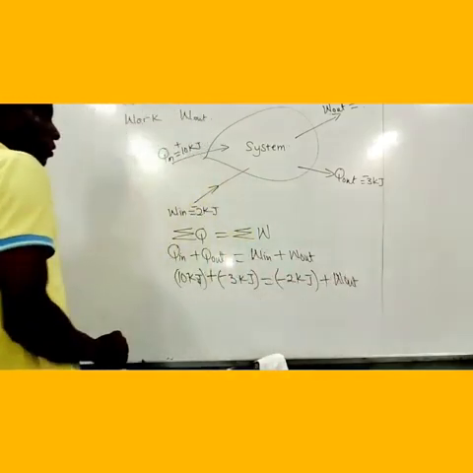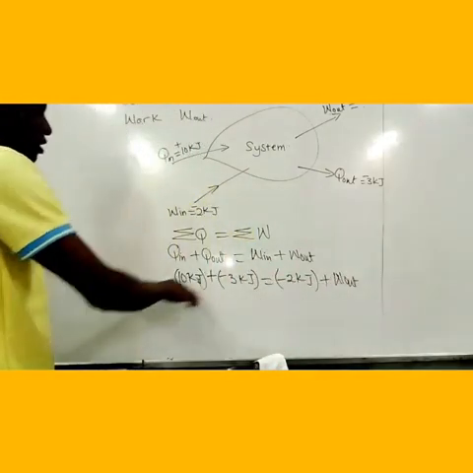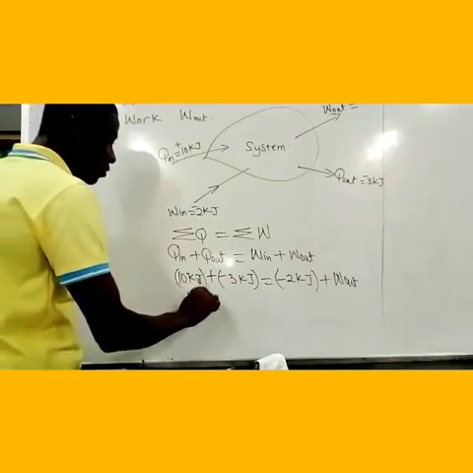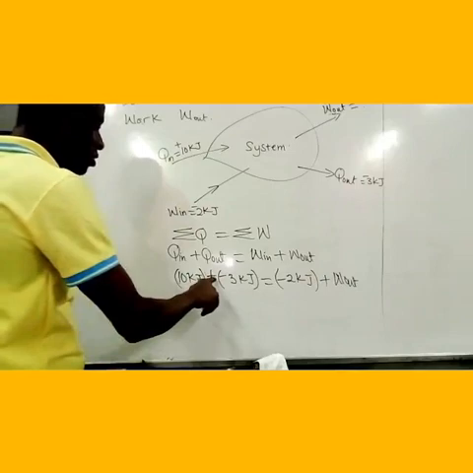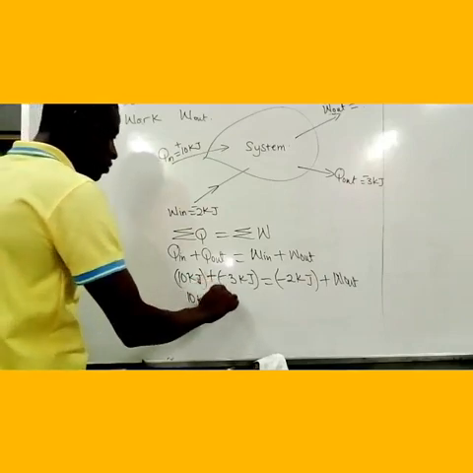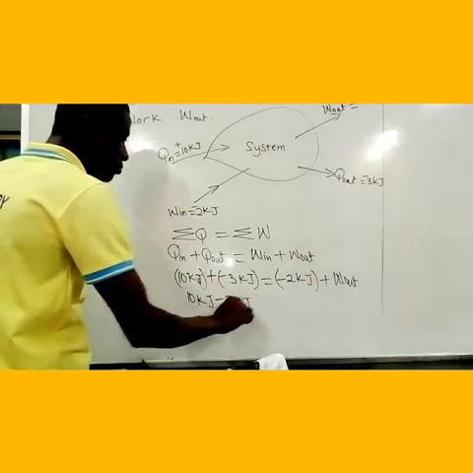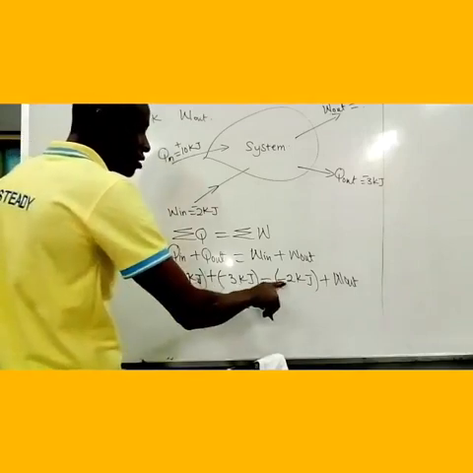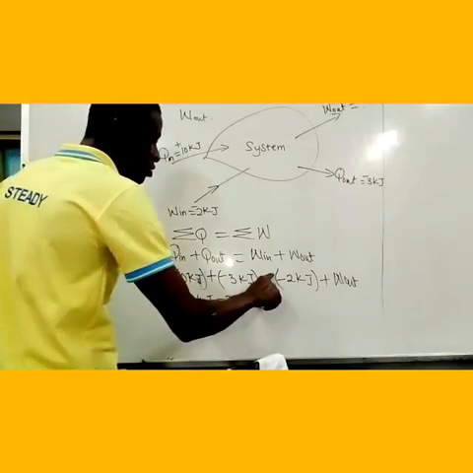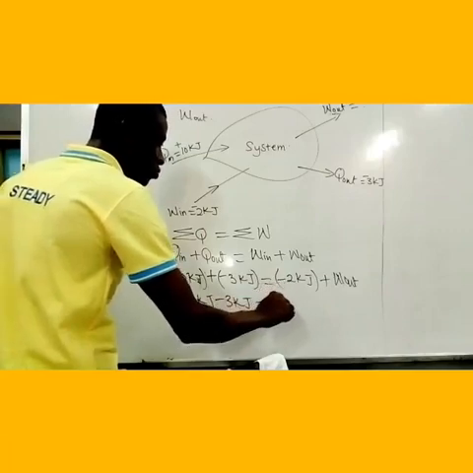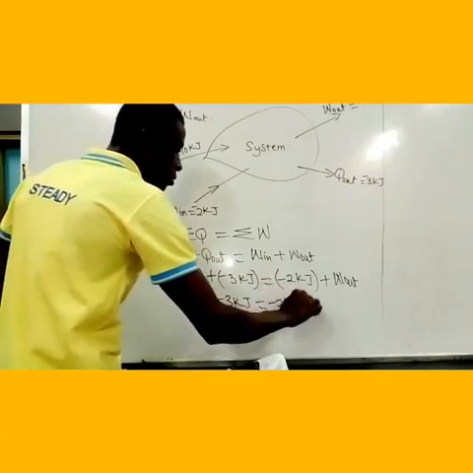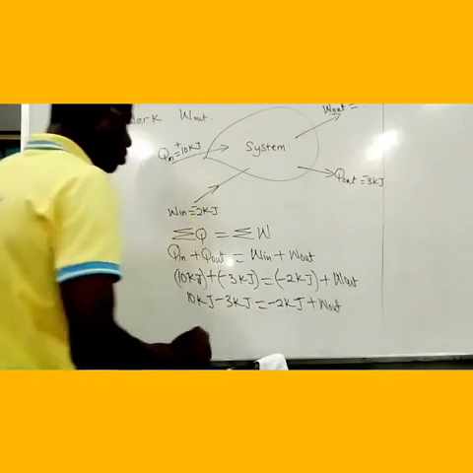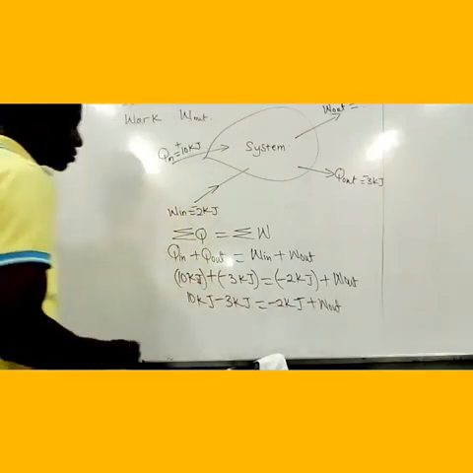Unknown. So here we have to simplify this. We have 10 kilojoules of heat, positive, and negative 3 kilojoules, equals negative 2 kilojoules plus work out. We have to make work out the subject.